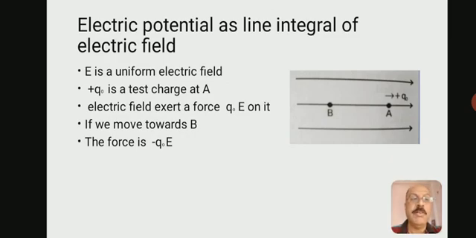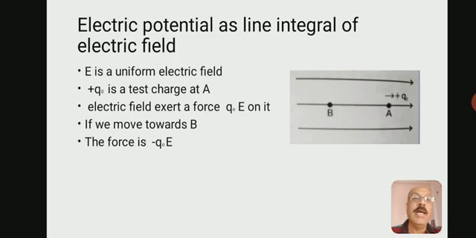Observe the figure. Three lines are taken, parallel to each other with the same spacing, representing a uniform electric field. We take two points, A and B, and a test charge Q naught.